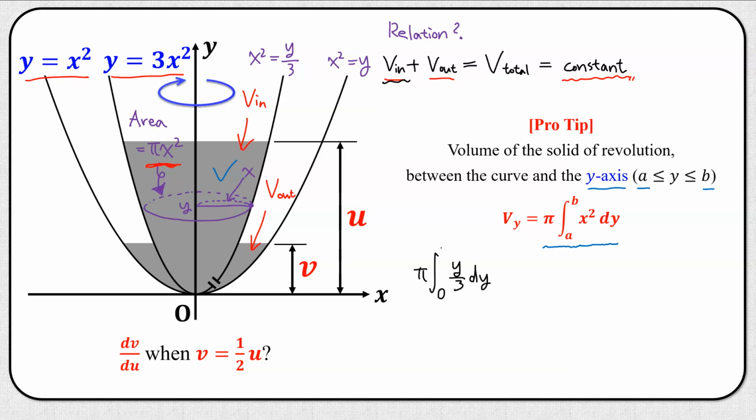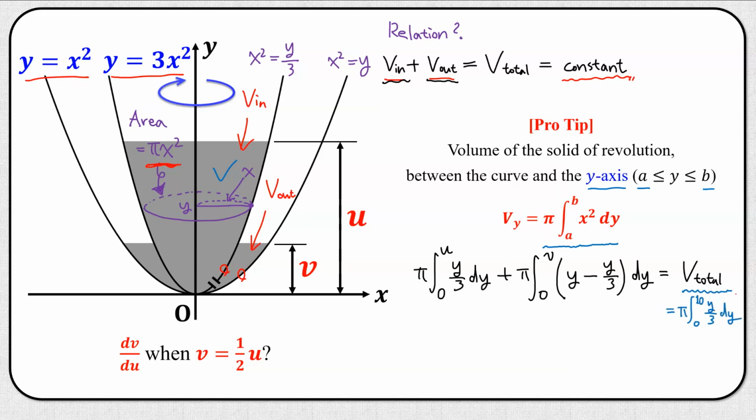And as for V out, we have to rotate the region that is in between two parabolas. So we have pi times the integral, now from 0 to v, of the outer parabola, x squared equals y, minus the inner parabola, x squared equals y over 3. And this equals the total volume of water, which is the value of this integral, by the way.